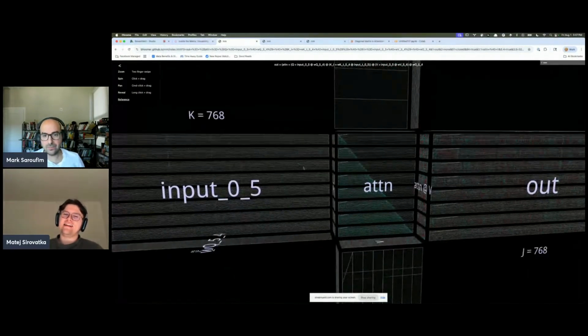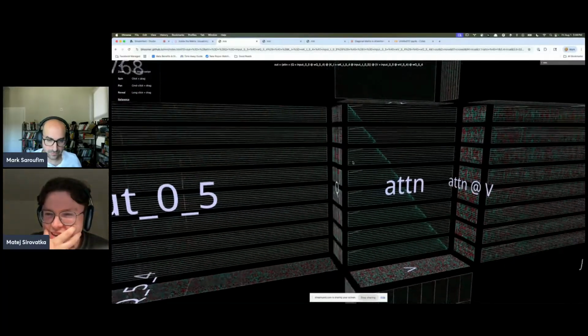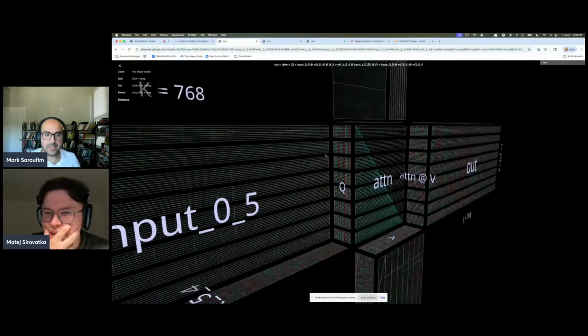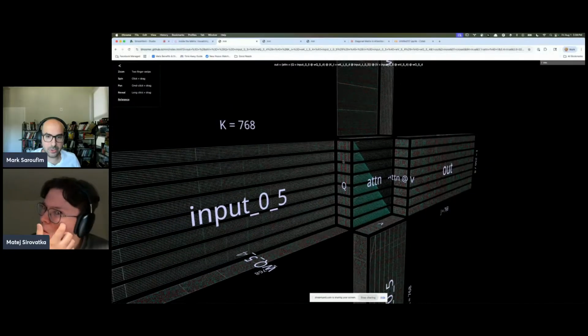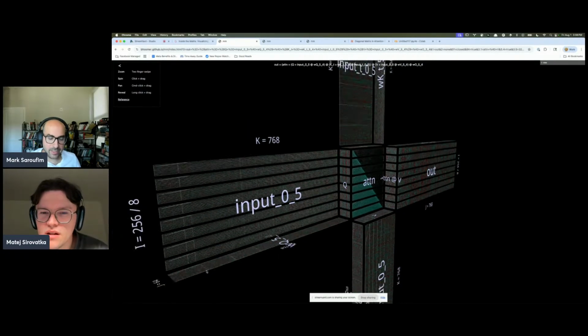Why not? Okay, let me actually think. Everything here can happen on an individual machine. There is no communication here so far. You get a slice of the input, and every shard has the entire WQ.